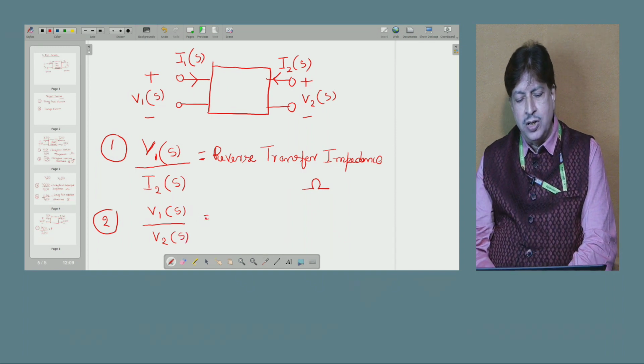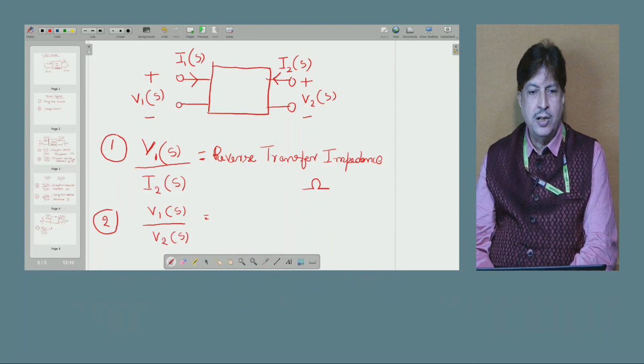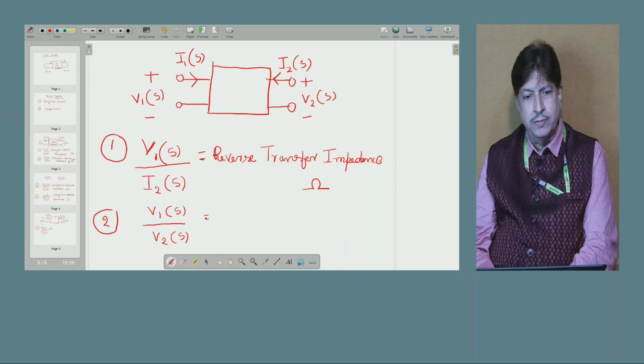At first glance itself, we can say it is a transfer function because numerator and denominator variables belong to different ports. They don't belong to the same port. Accordingly, it is no doubt a transfer function.